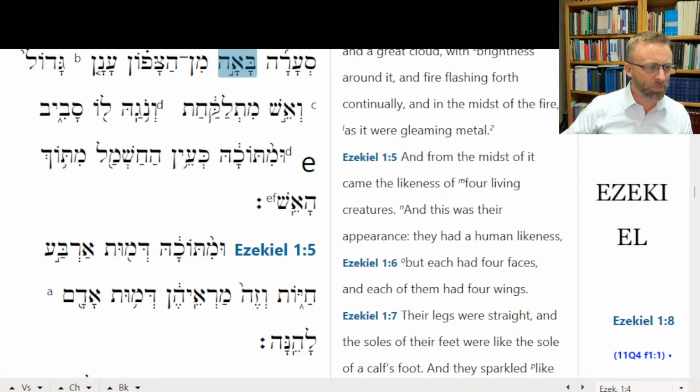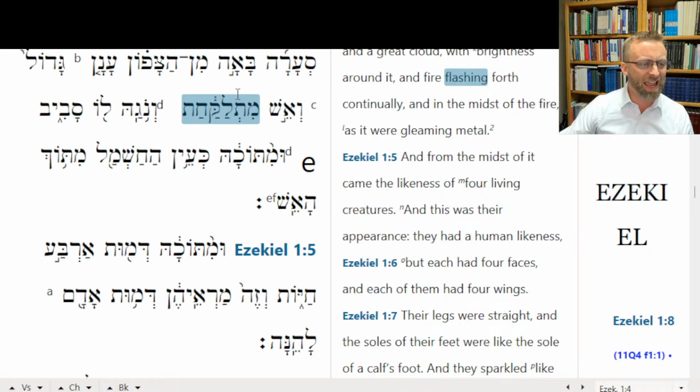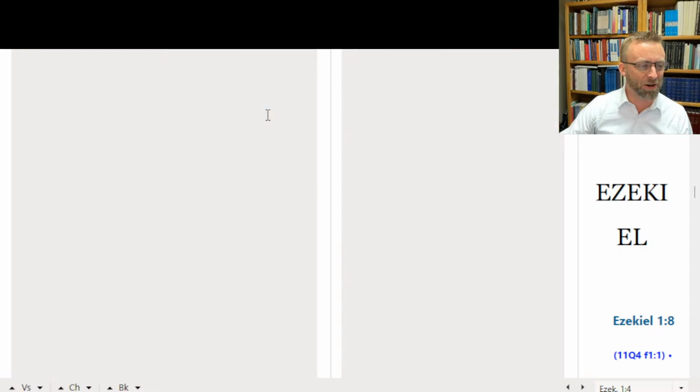And then we get anan gadol, a great cloud, ve'esh mitlakachat. This is actually the word, and Nana, correct me if I'm wrong, but isn't this the verb that is used for volcanic eruptions? I think it's the verb that is used in modern Hebrew for volcanic eruptions.